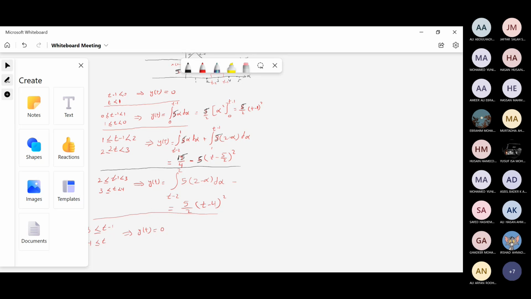So y of t equal to 0 for t less than 1. And it is equal to 5 over 2 (t minus 1) all squared for t greater than or equal to 1 but less than 2. Less than 0, sorry. It's 2. Should be 2. Yeah.